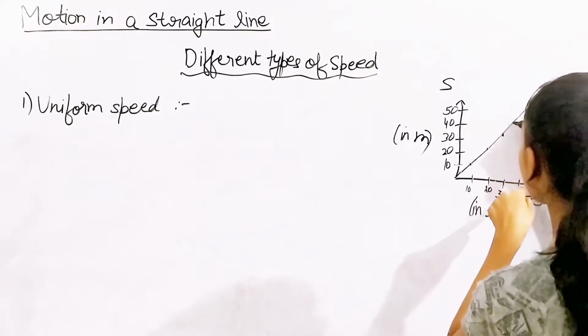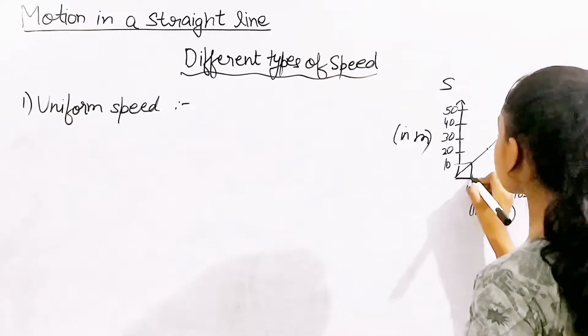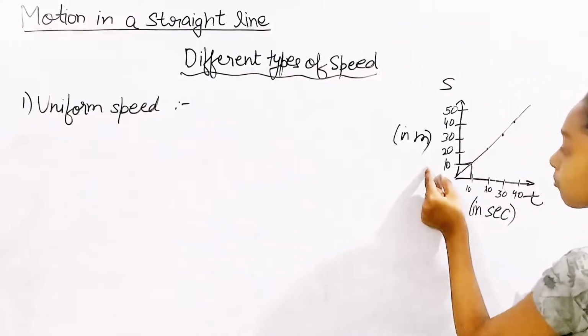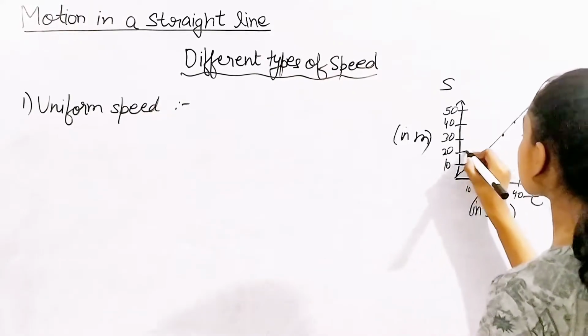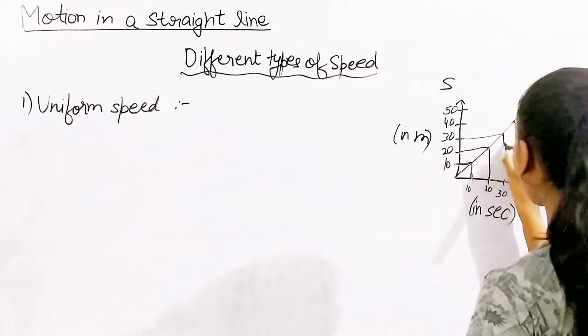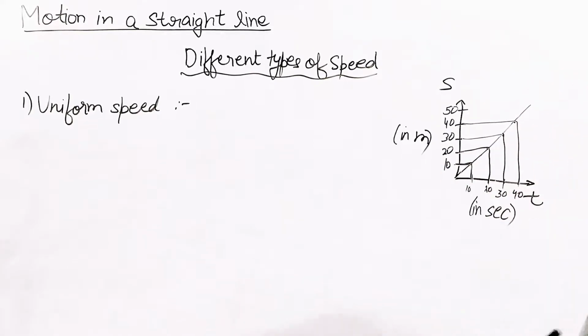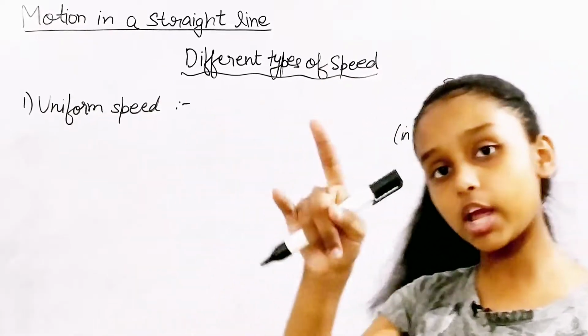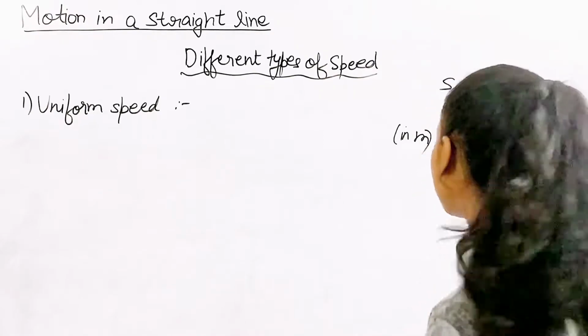It covers 10 meters in 10 seconds, 20 meters in 20 seconds, right? So this body is in uniform speed.